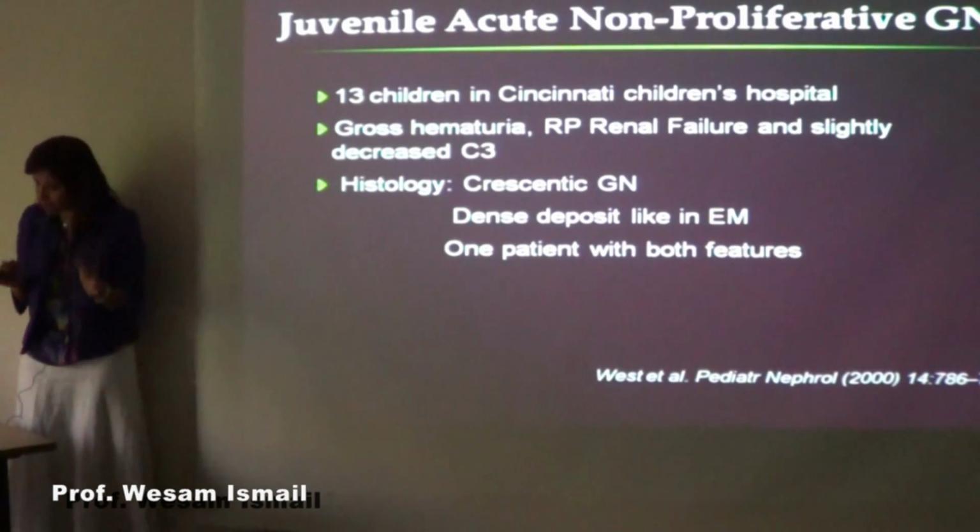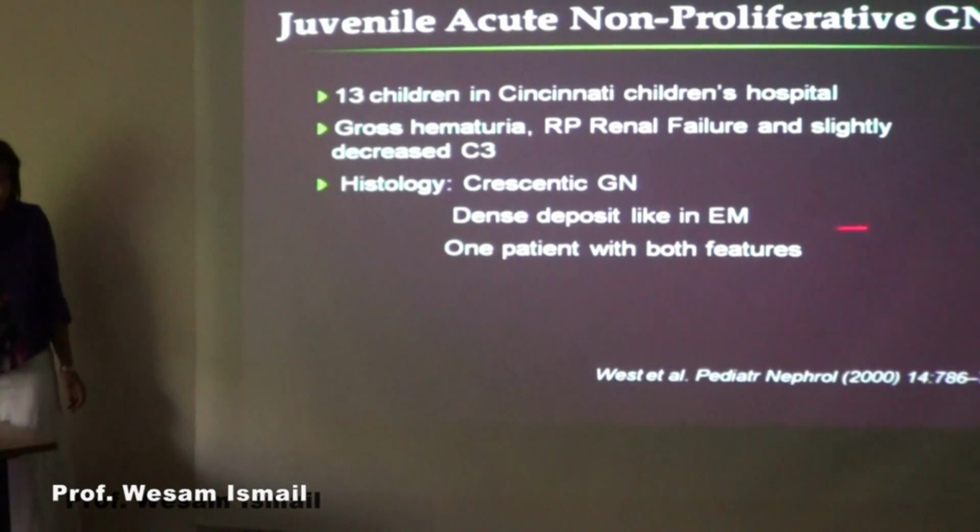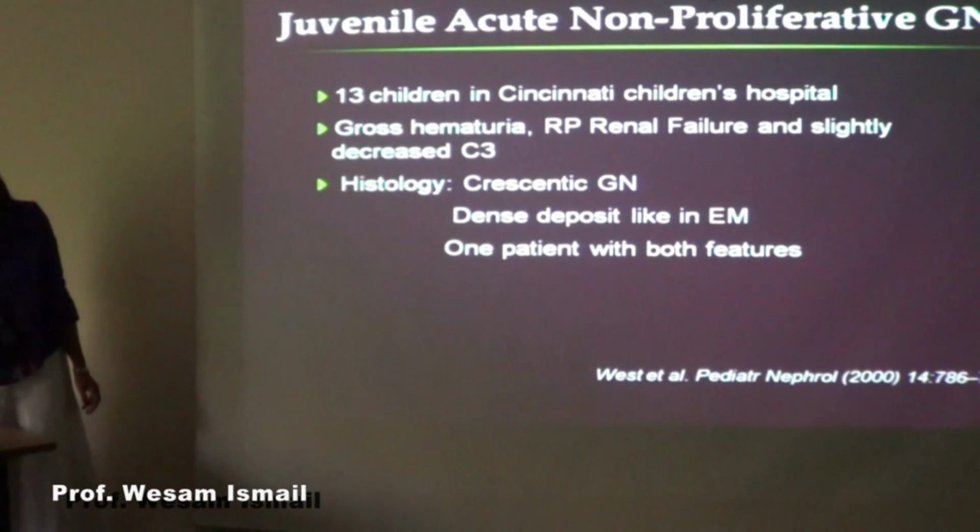This is a special group of patients first diagnosed in Cincinnati Children's Hospital. They presented with gross hematuria, renal failure, and slightly decreased C3. Their histology showed a crescentic glomerulonephritis, and when they looked at electron microscopy, they found dense deposit disease.